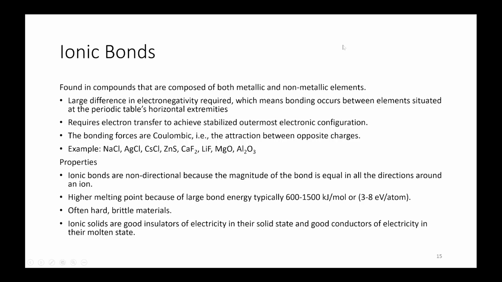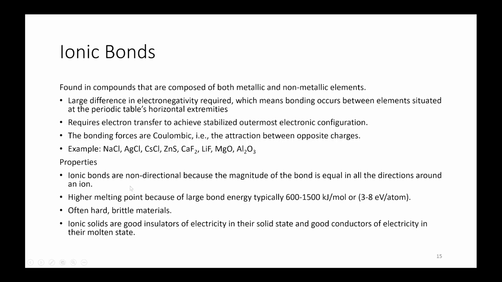The bonding forces are Coulombic, and there will be attraction between opposite charges. Examples are sodium chloride, AgCl, CaCl, zinc sulfide, calcium fluoride, lithium fluoride, magnesium oxide, alumina. These all have ionic bonding. Now the properties.